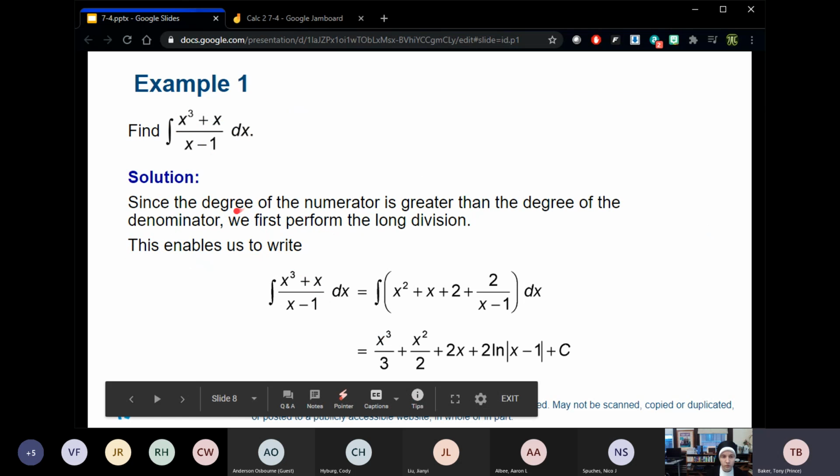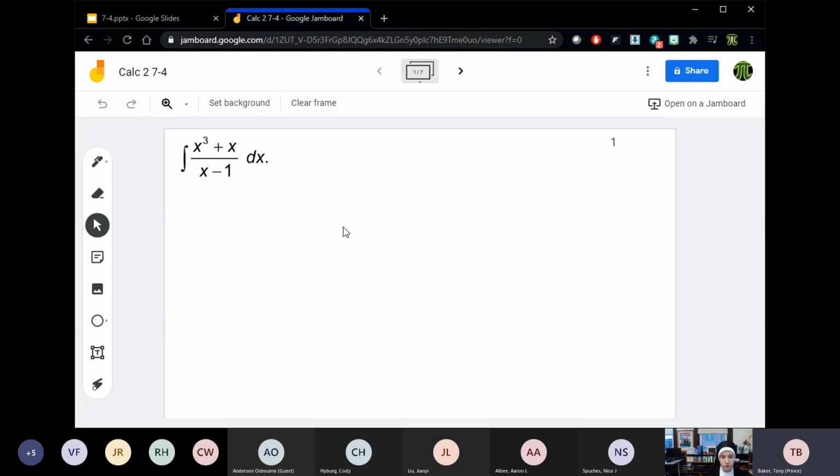So let's look at how to actually do the simple one first. All right. Step one, when we're doing this, is we have to do long division, because what we want to do is get the top down to something less than the denominator. If you don't remember how to do long division, because it's been a while, we're going to do it out together.